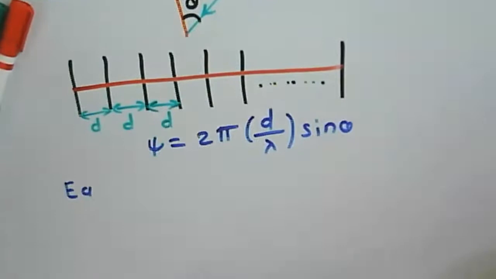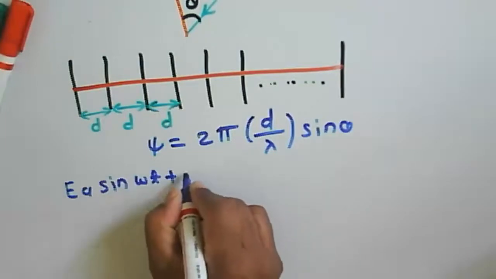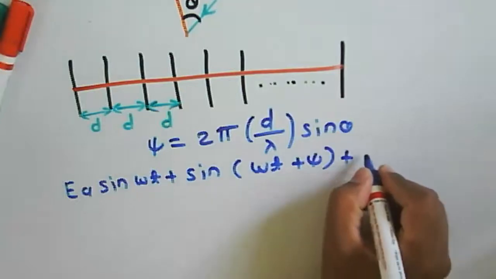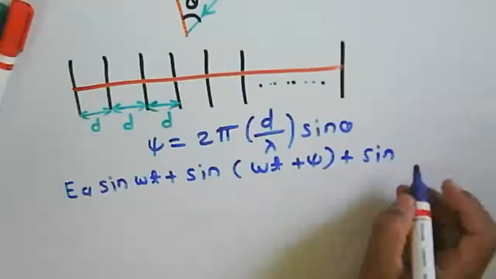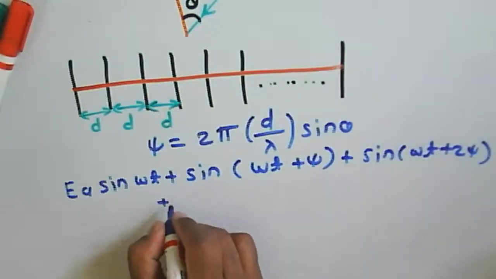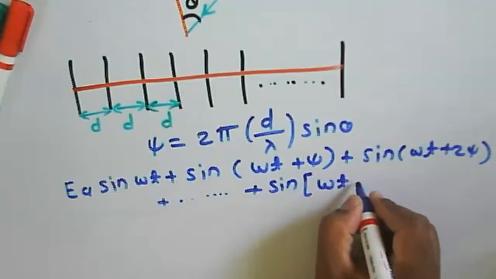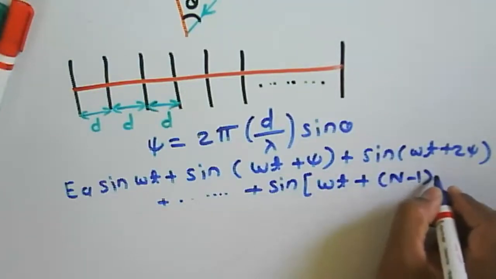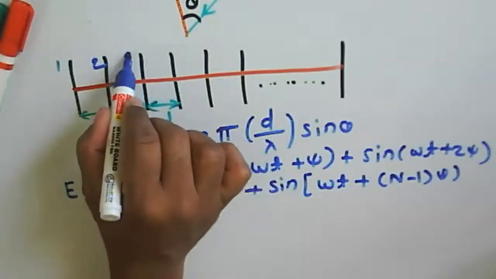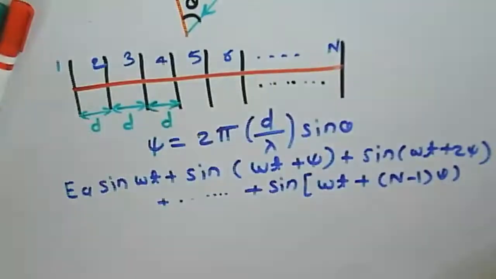E_A is equal to sine of omega t, plus sine of omega t plus psi, plus sine of omega t plus 2 psi, plus up to, plus sine of omega t plus (n minus 1) psi, because our first element is 1, this one is 2, this one is 3, 4, 5, 6, then we can say that this one is the nth element.